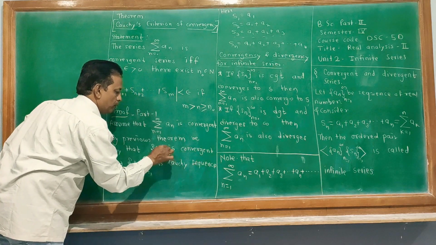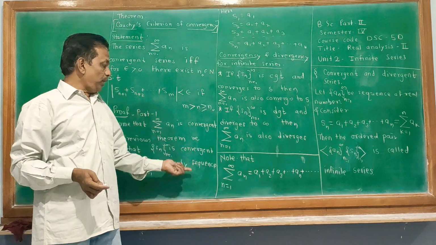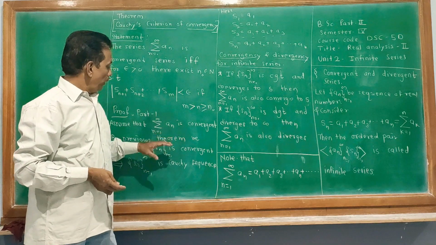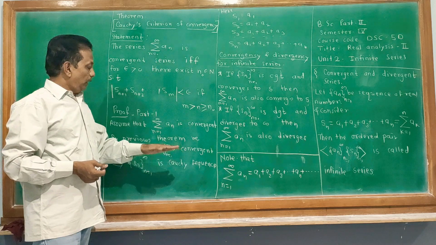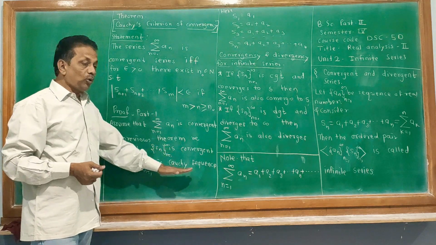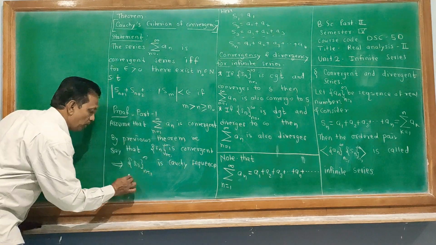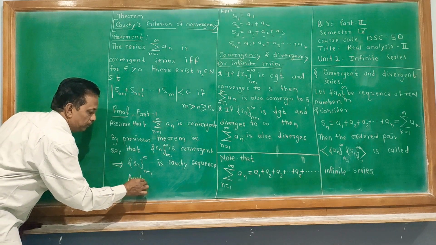What is this? Every convergent sequence is a Cauchy sequence, and therefore, if series is convergent, then ultimately Sn is convergent, and if Sn is convergent, then Sn is a Cauchy sequence. And now I apply the definition of Cauchy sequence.